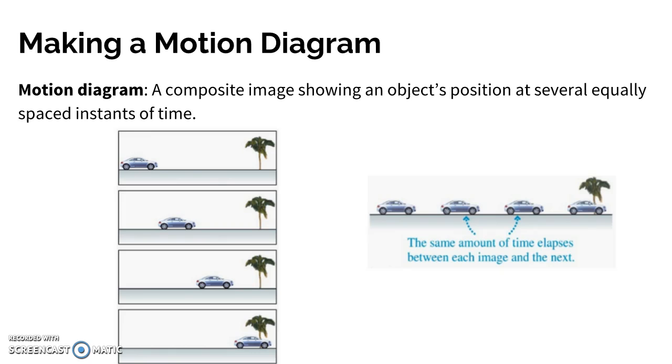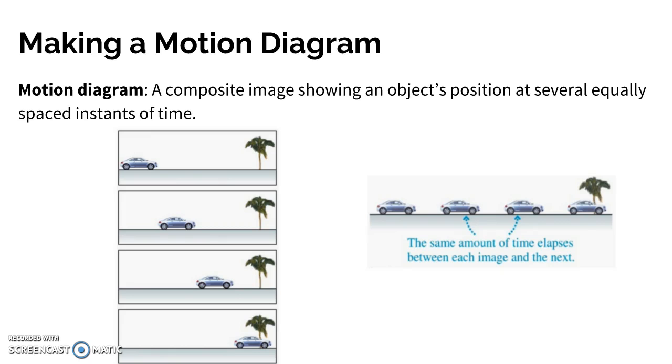If we composite this image, so superimpose the image or put these images on top of each other, we can see we'll get an image something like here on the right, where we see the car at equally spaced points along our path. The reason why it's equally spaced is because the car is moving at the same speed, and we'll talk about that a little bit more in a moment.